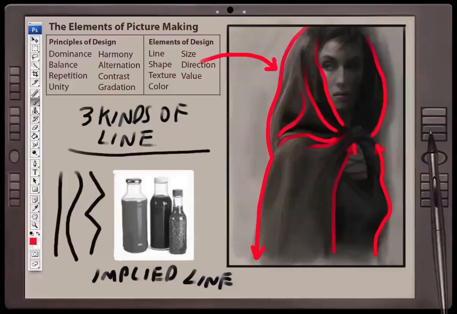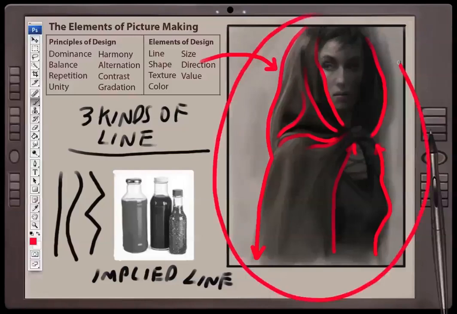And if you don't plan these implied lines, then the eye will not know where to go, where it should be led to. So it will be following all sorts of edges that lead to places where you may not want the eye to go, because you're not controlling where the eye of the viewer is being led to.